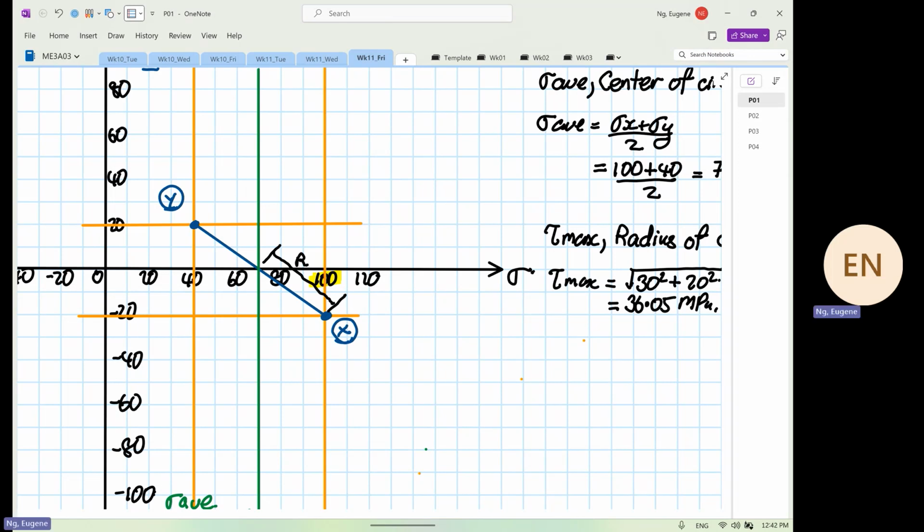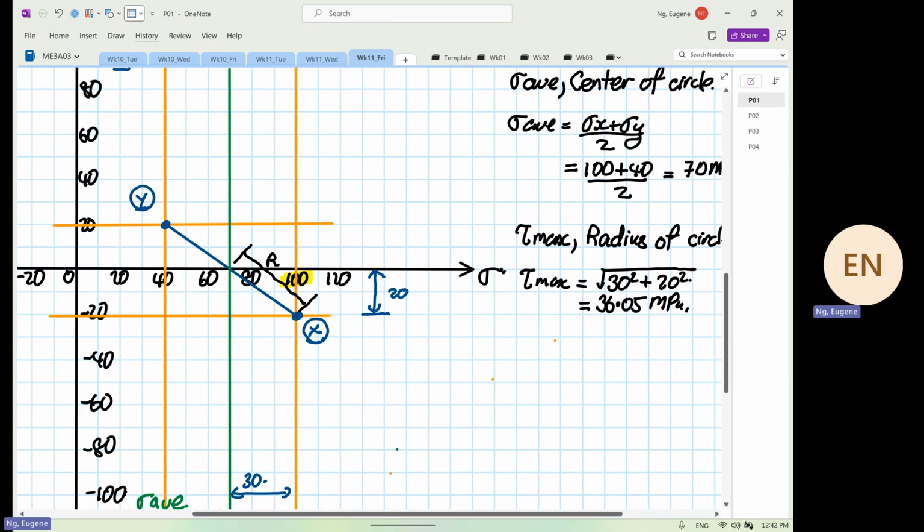To find the radius, we are aware that this is the height, one of the geometry to determine the radius of the circle. This is equal to 20, and the distance from here to here is equal to what? 30.